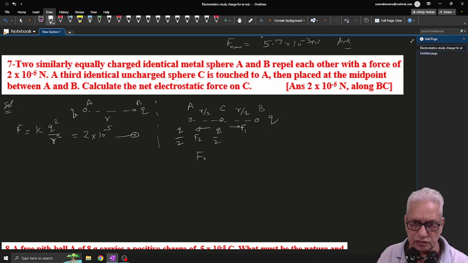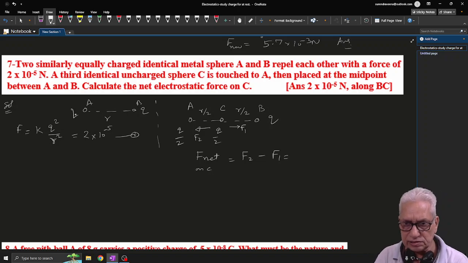And the net force on C will be F2 minus F1. F2 is the force K between Q by 2 and Q, with the gap R by 2, so R square by 4.